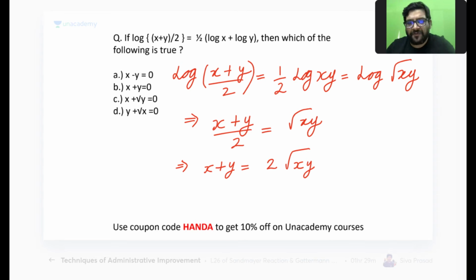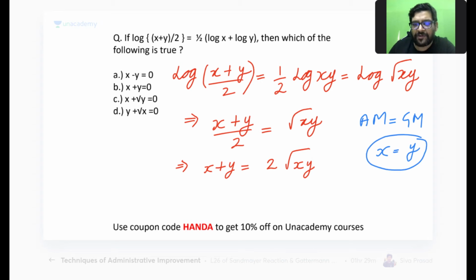What is the condition for arithmetic mean to be equal to the geometric mean? This happens in some specific cases, when the values are equal to each other, or when x equals y, or x minus y is 0, which is option A.